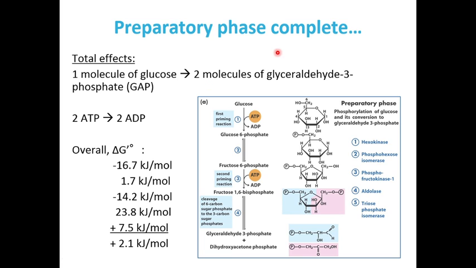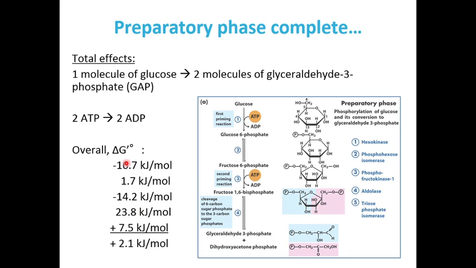In part 1 of this chapter, we discussed the preparatory phase of glycolysis. In this phase, the cell invests 2 ATP molecules in a series of reactions which involves the conversion of glucose to 2 glyceraldehyde 3-phosphate molecules.